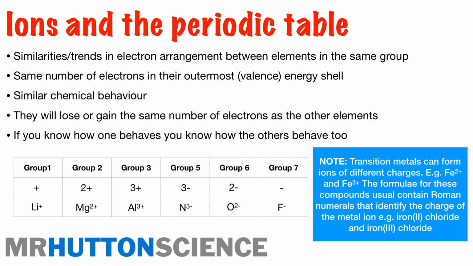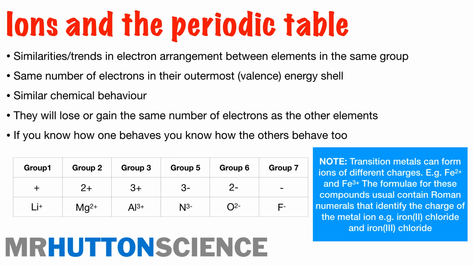So the formula for these compounds will usually contain Roman numerals that identify the charge of the metal ion. So you'll see things like iron(II) chloride and iron(III) chloride. So those Roman numerals tell you the actual charge of the ion. So if you're unsure, it should actually tell you.